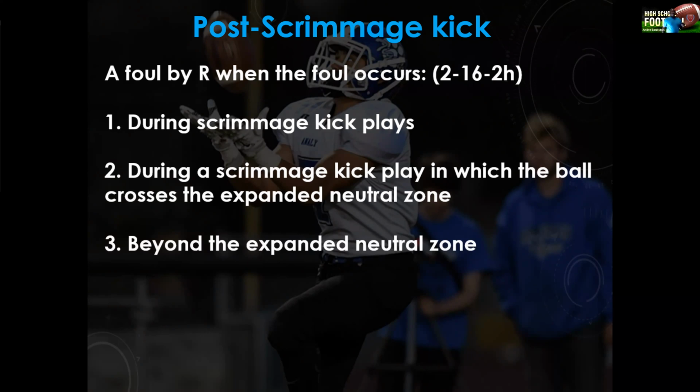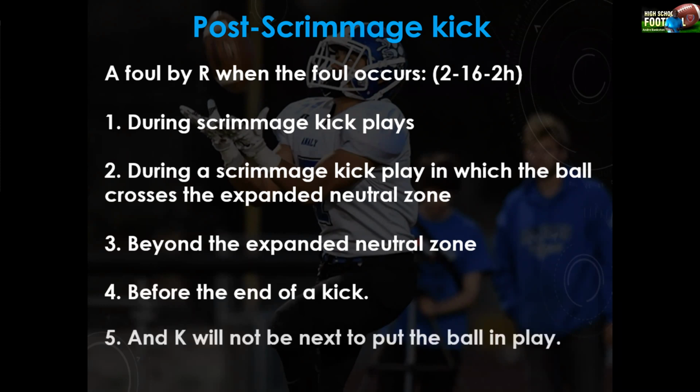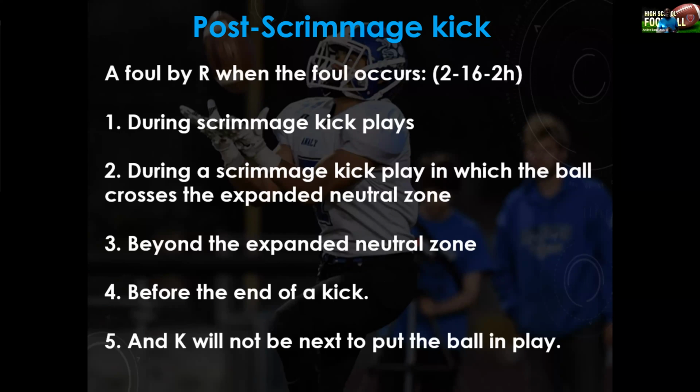The foul happened beyond the expanded neutral zone and before the end of the kick. All right. I think there's one more, maybe. Okay. And K will not be next to put the ball in play. All right. So it's very important, the post-scrimmage kick foul, or the PSK they normally call it.